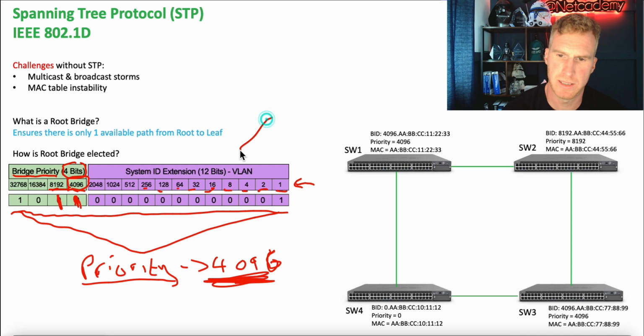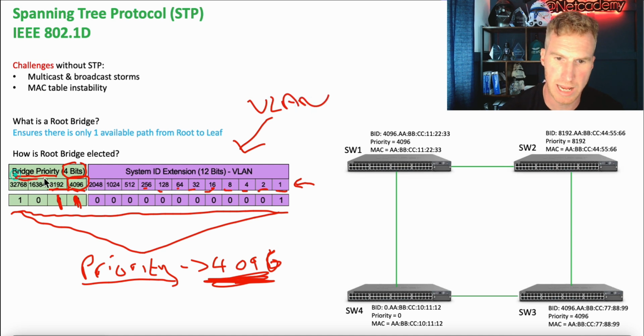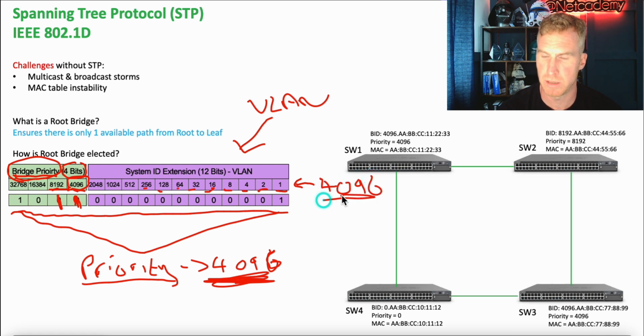And if you're wondering what the system ID is, and this is called different things in different vendors, so in the Juniper world, it's called the Extended System Identifier. Don't ask me why. I don't know what it is called, honestly, in the Cisco world and other vendors. But what this is basically doing is identifying, for a particular VLAN, what is that priority for that particular VLAN. And this is pretty fascinating for me, because a VLAN ID can support up to 4096 different values.